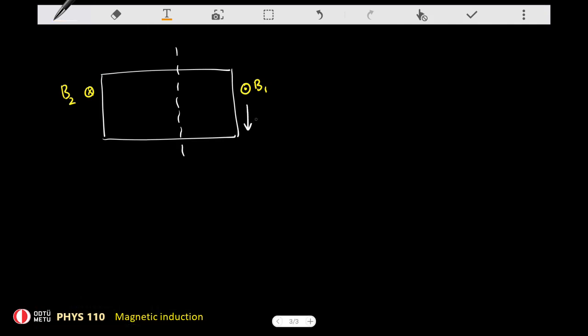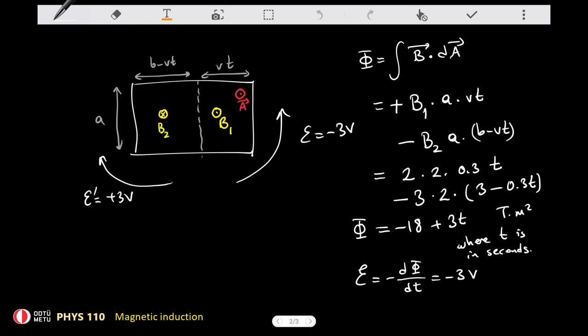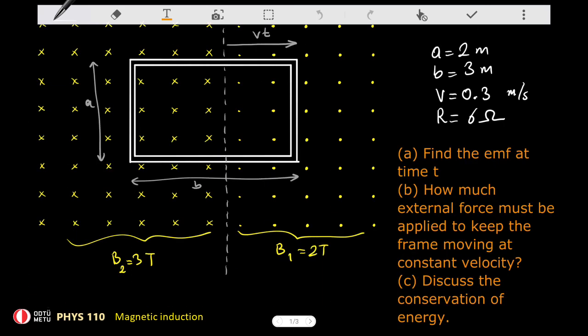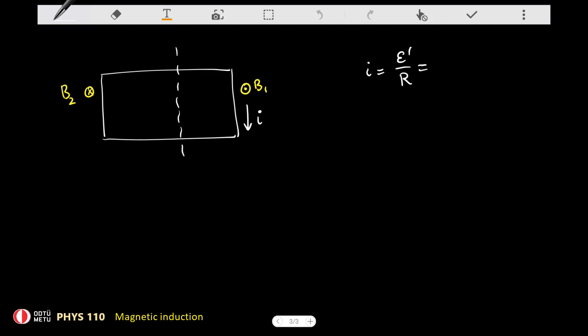The current is like that. So what's the value of the current in here? So that's along that direction. It is the EMF divided by the resistance. But I forgot all the values that I have computed. So the EMF was plus 3 volts. And the resistance was 6 ohms, all right? So that means 3 volts divided by 6 ohms. So half an ampere is flowing along that direction.